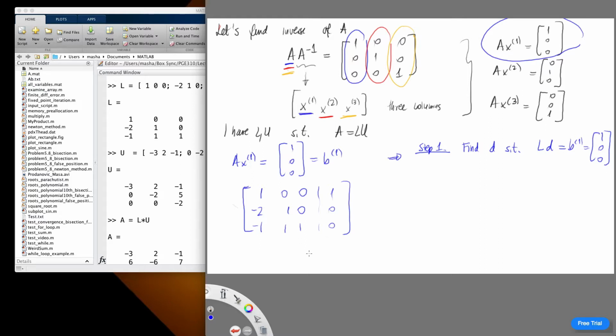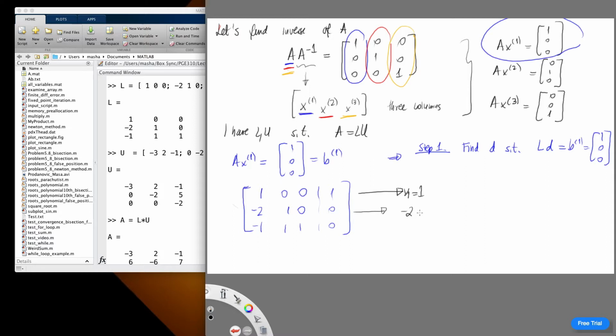So what's the first thing I can solve for? What is x1? Great. So x1 is equal to 1. That's from here. Then from here I get what?